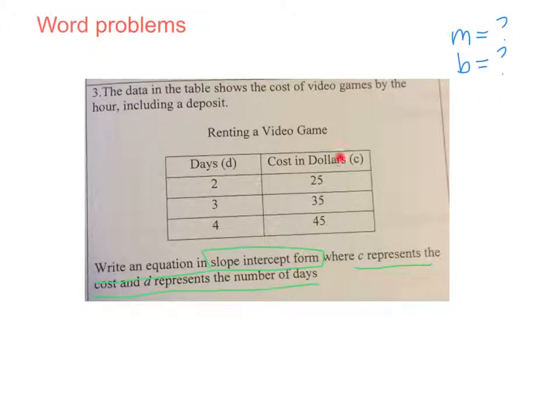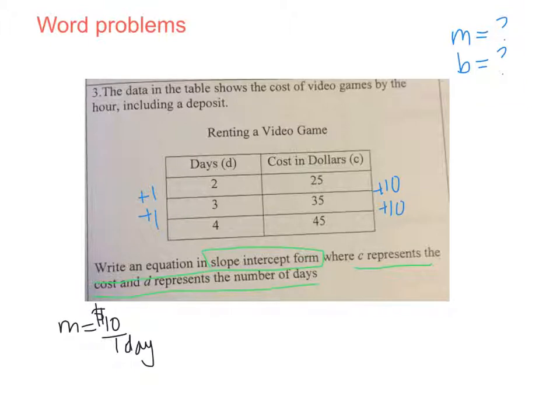We're going to examine the change in y. In this case, each time the change is going up by 10. And my change in x, in each case it's going up by 1. So now we can formally say, the slope of this equation is going to be 10 over 1. $10 for every 1 day.